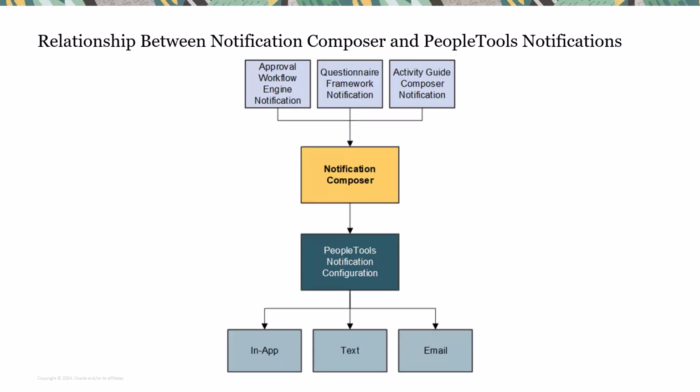The applications will send a notification. Notification Composer will look at the setup, integrate with PeopleTools and pass everything over in order for PeopleTools to send it to the identified recipients based on the configuration in PeopleTools. I know it's a little complex, but we'll dig more into it in a few minutes. So hopefully everybody can understand.